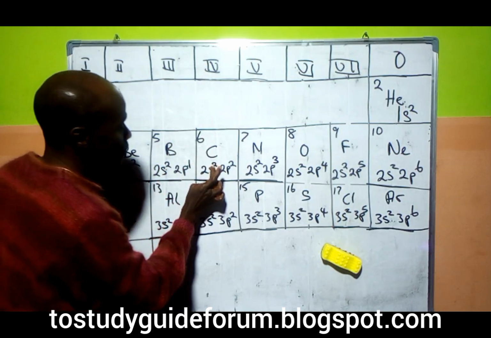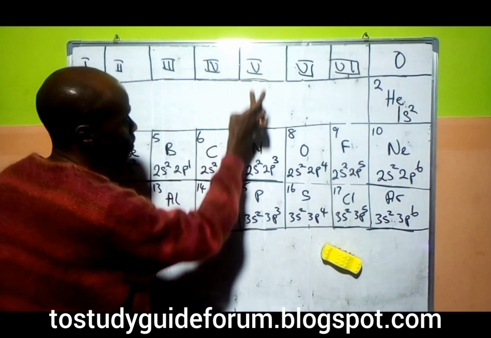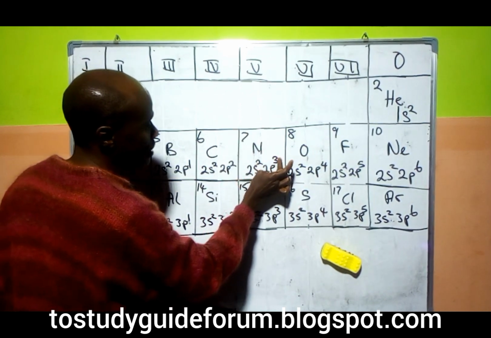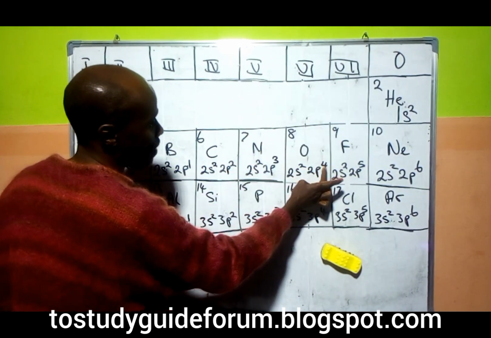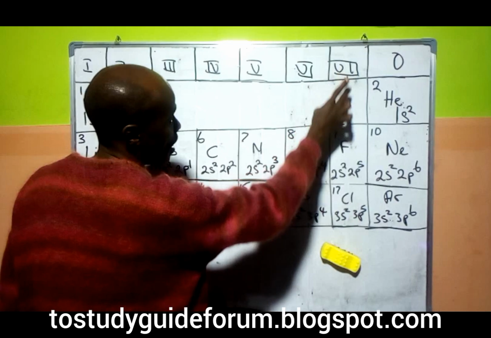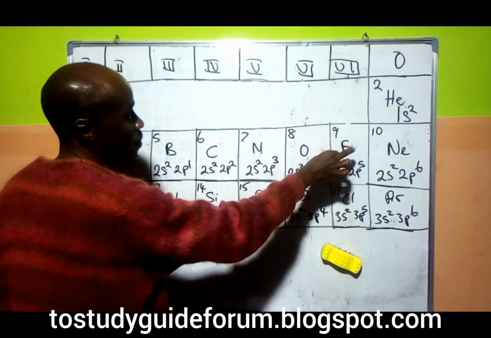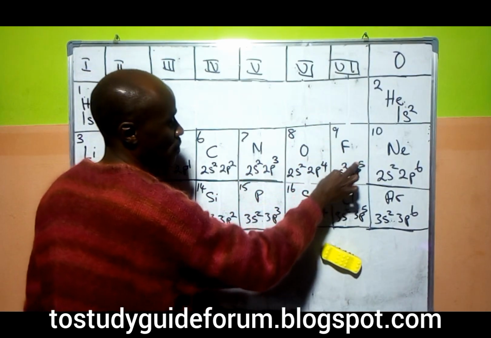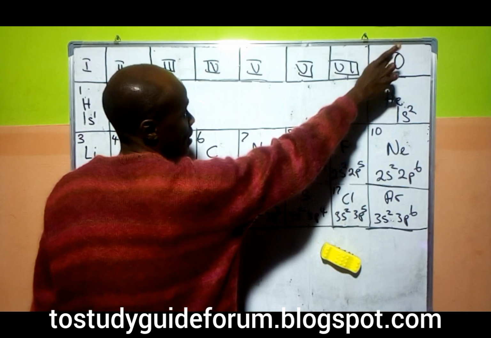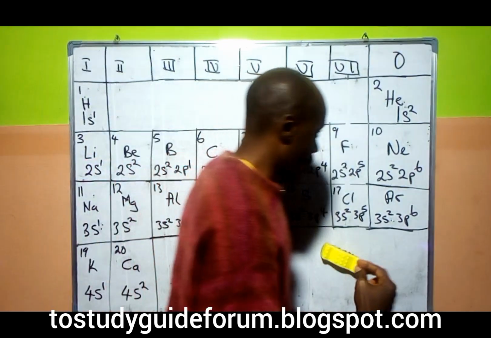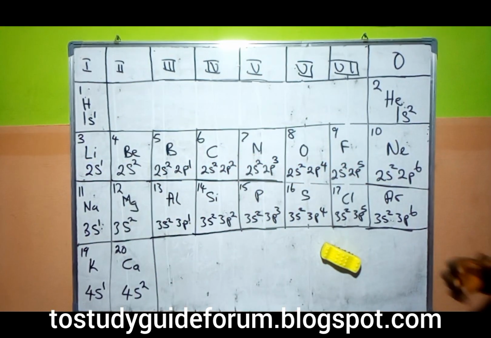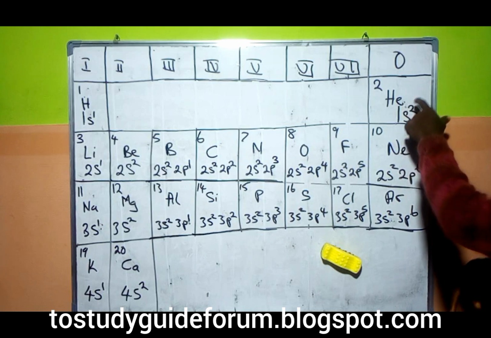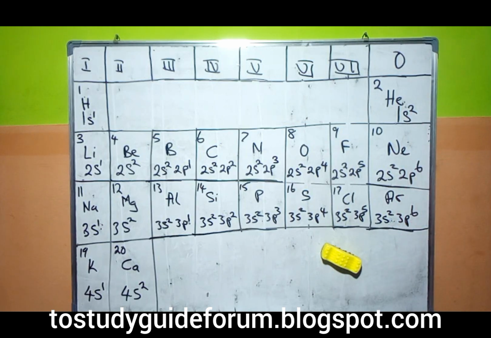For group 4, we have 2, 2. For group 5, we have 2, 3, giving us 5. Here we have 4, 2, giving us 6. And group 7, we have 5 plus 2, we have 7. And the last group, where we have 8, that means we have 8 here, and this other one is 2. Now, there's something about it.